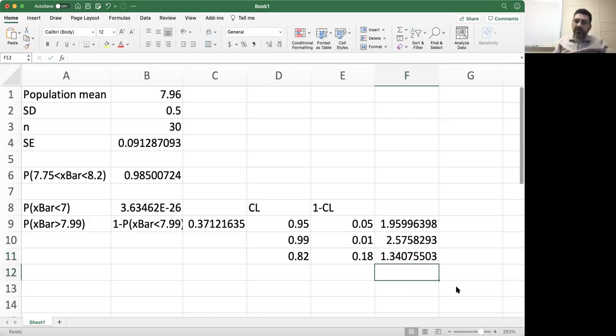So it will be 1.34. So this is the idea of how we can find these based on the area, as you can see.